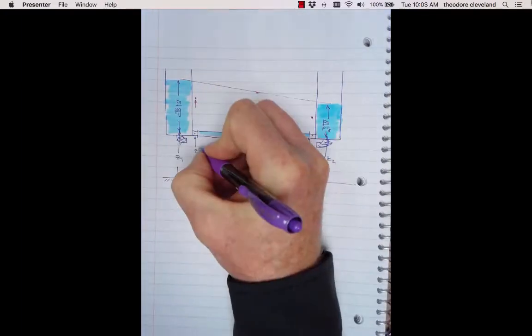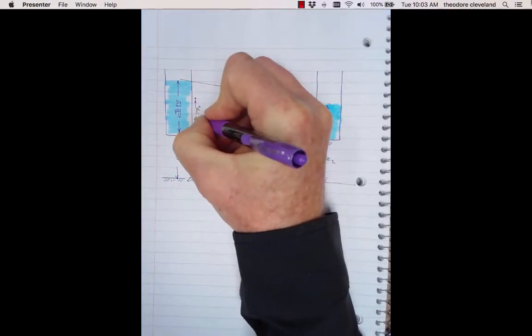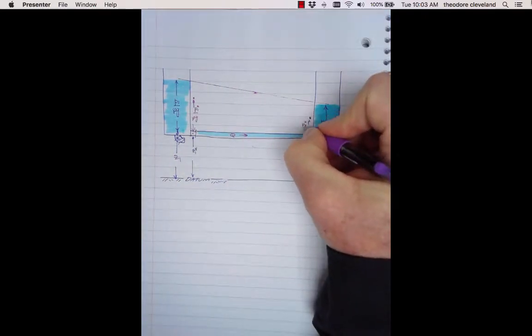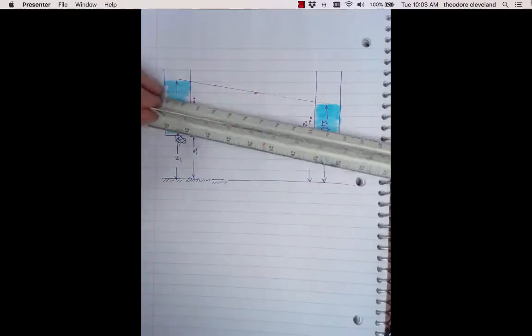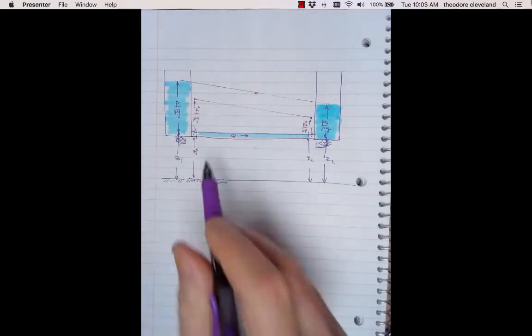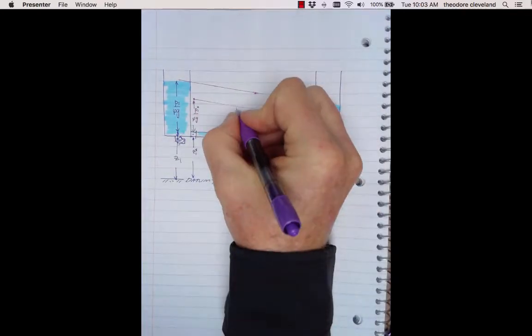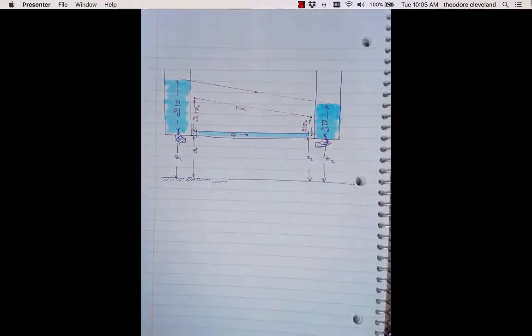So let's call this one Z1 star. So P1 star over rho G, P2 star over rho G. And we could join those two pressures with a line, and if anywhere we measured in the system, at least at steady flow, this line would be the hydraulic grade line. It would be the height of elevation plus pressure anywhere in the system.